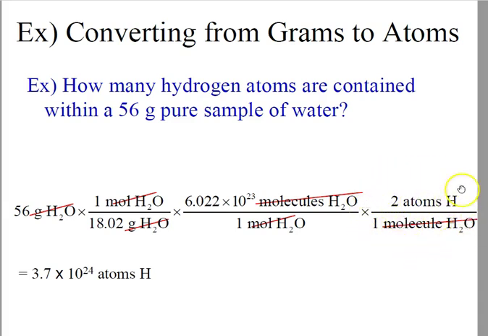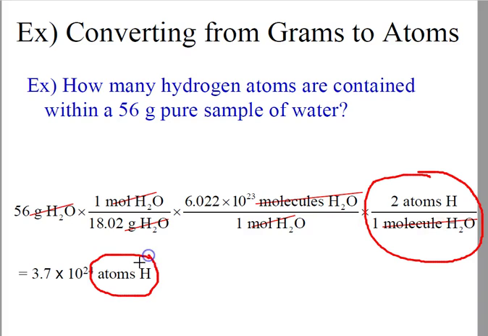So we can use that ratio as a conversion factor. So if we're asked to find the amount of some atom within the molecule, then we'll need to use a ratio showing how many of that atom is within the molecule. And that will allow the molecule to cancel and help me find how many atoms there are. Again, I would make sure that you can put this in your calculator and get this answer that is given, 3.7 times 10 to the 24th.